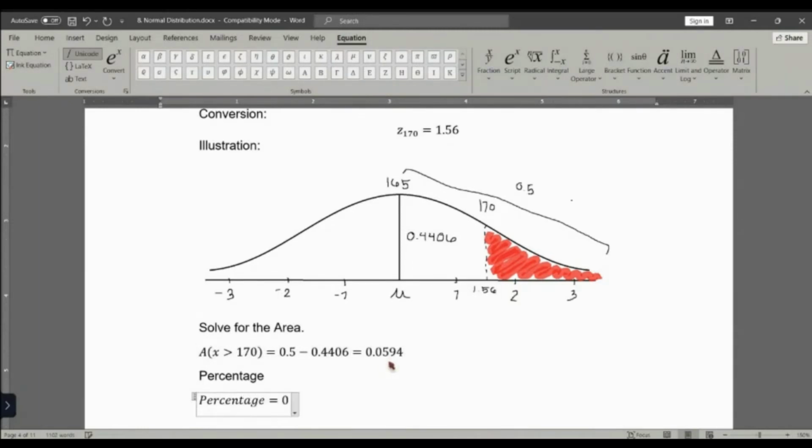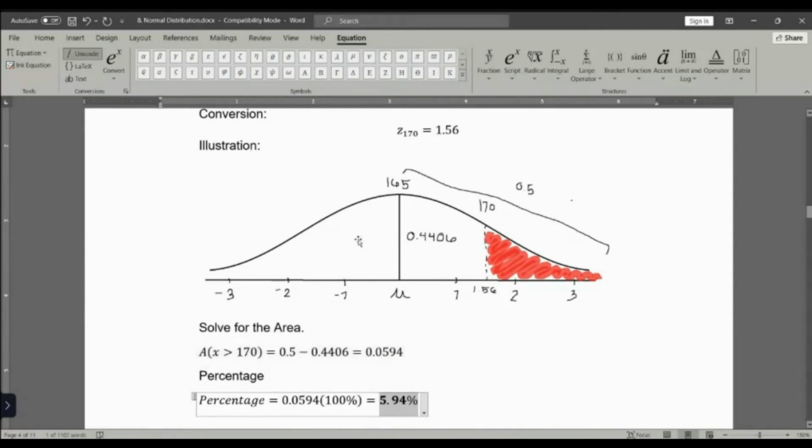So that is 0.0594 times 100% is equal to 5.94%. Right? 5.94%. And then that's it.